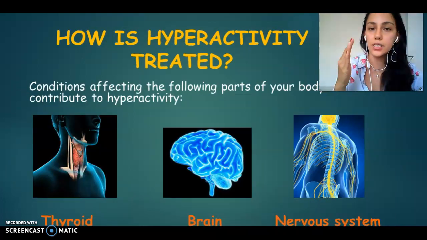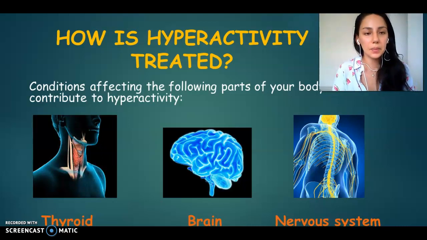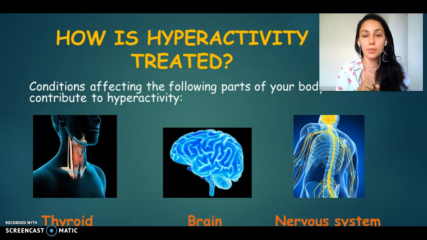How is hyperactivity treated? Okay, here your doctor might take a blood or urine sample to check your hormone levels. Since hyperactivity can also be caused by hormonal imbalance, for example, you might have an imbalance in your thyroid hormone or other hormones.